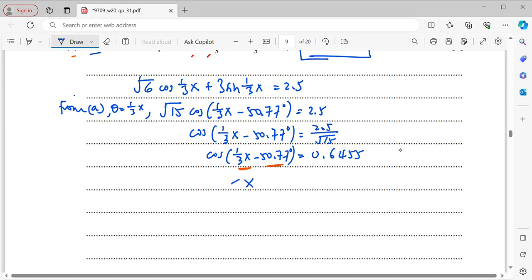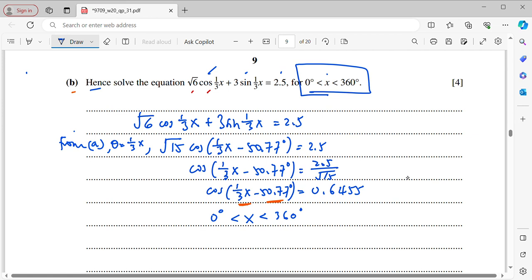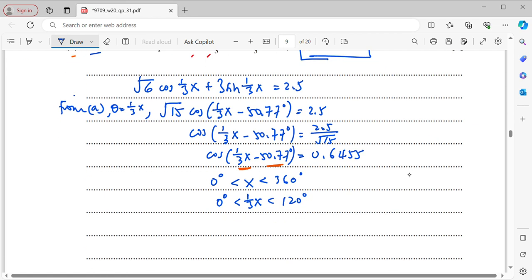My x is given 0 to 360 degrees. Alright, then now when I consider 1/3 x, it will be from 0 to 120 degrees. Then after that, 1/3 x minus 50.77 degrees. So you use 0 degrees minus 50.77 degrees, then you get negative 50.77 degrees.